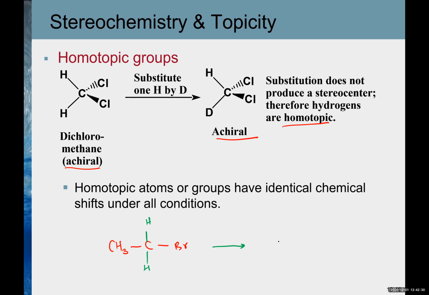So if it creates a new chiral center, then they are enantiotopic. Yes, so these two are enantiotopic. That is correct. You're going to see these kinds of problems in the upcoming exam. Let's try another example.